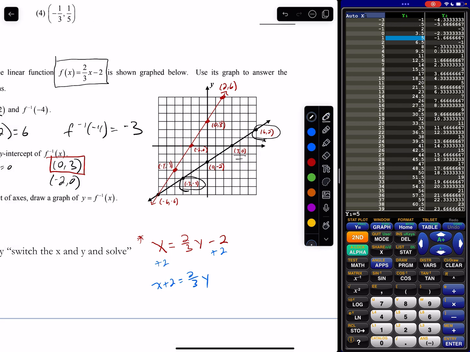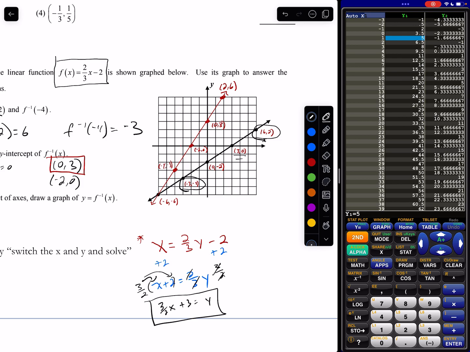And then our last and final step, again, multiply by the inverse on both sides. So 3 over 3, 2 over 2. So now what I'm going to get here is 3/2 x, and then 3/2 times 2 is 3, is equal to y. So this is the equation of the inverse.